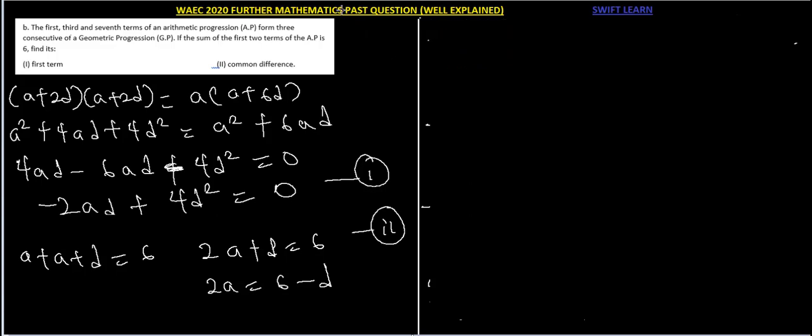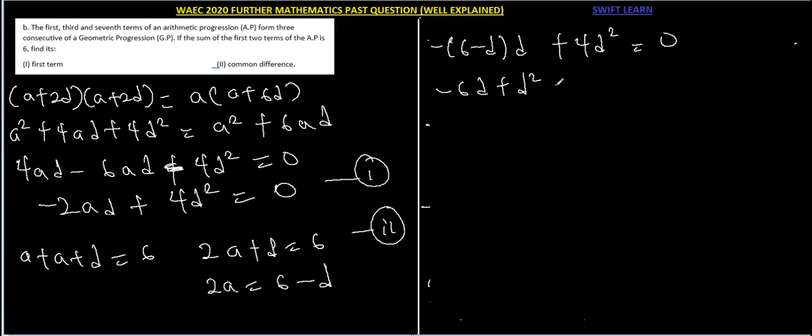So wherever I see 2A, I have 6 minus D. I represent this with this, plus 4D squared equals 0. So here I have minus 6D plus D squared plus 4D squared equals 0. That's 5D squared minus 6D equals 0.